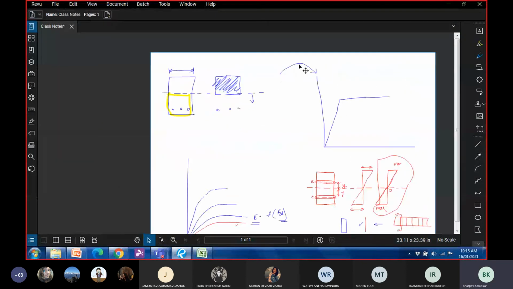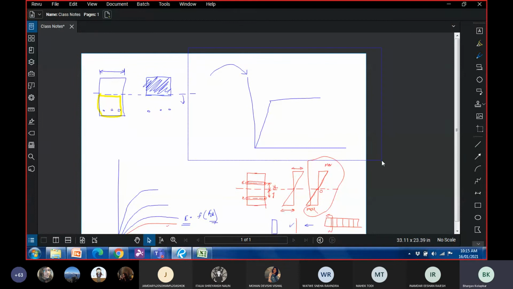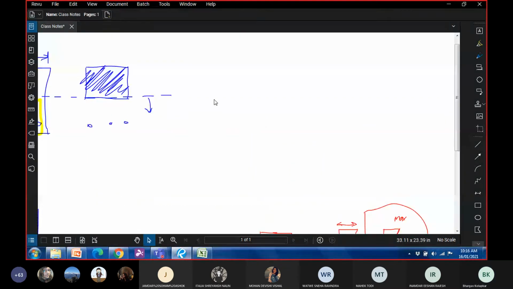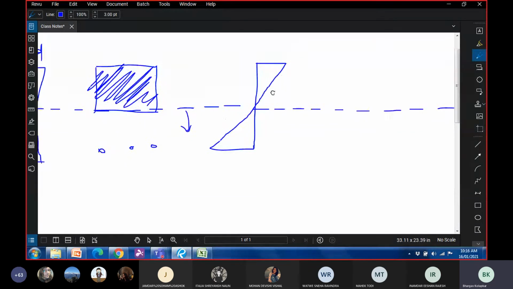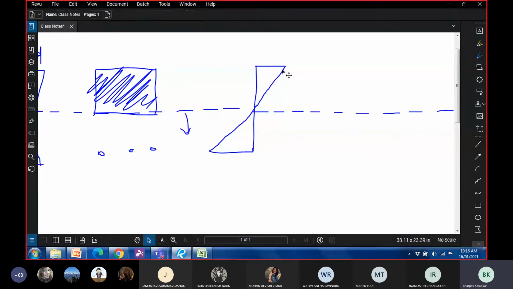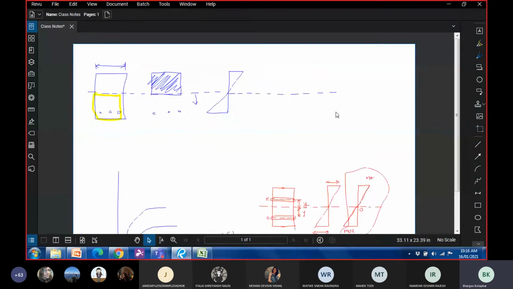Now, what I know is the variation of strain. I know this from the theory of bending, that the strain variation is going to be linear across the section.